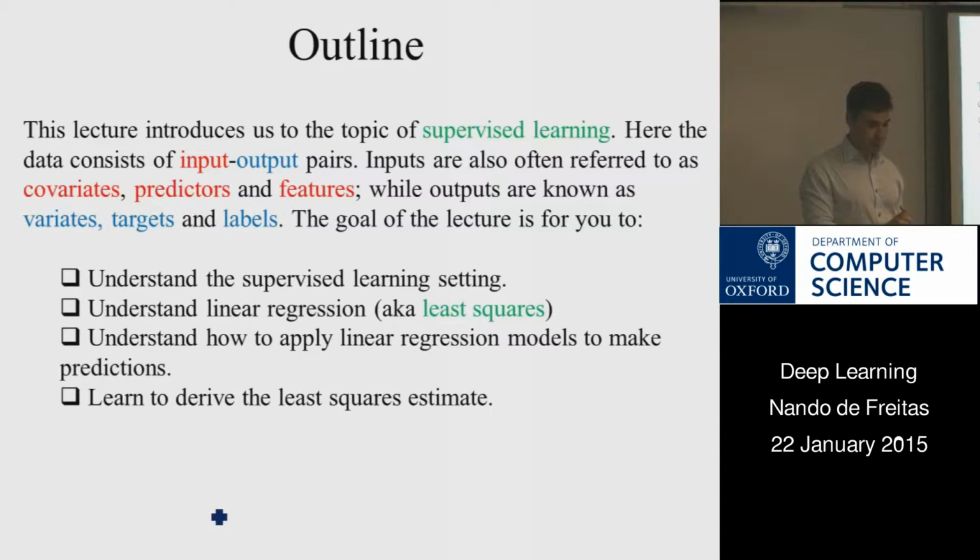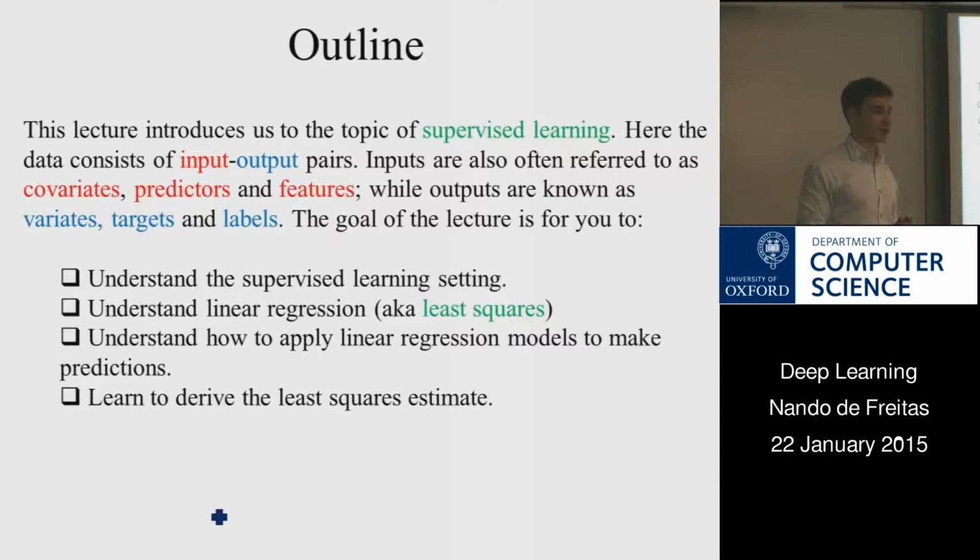In learning any new field, there's language associated with it, there's also parlance. Inputs are often known as covariates, that's in statistics, or they're also known there as predictors.